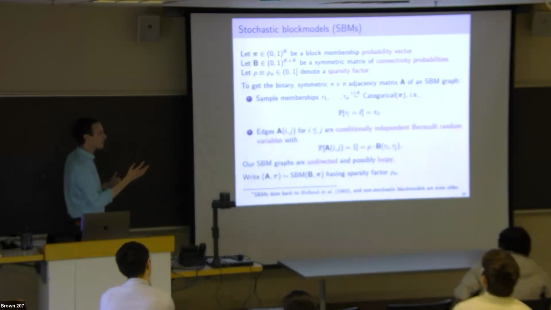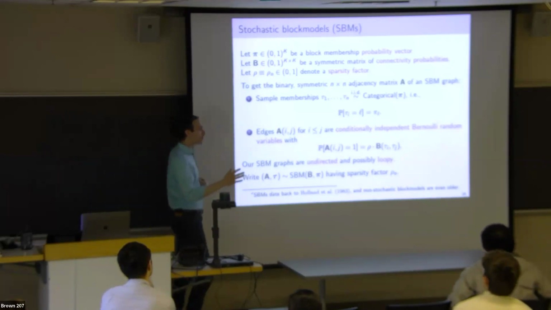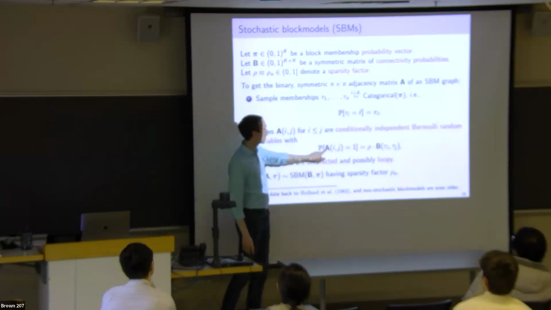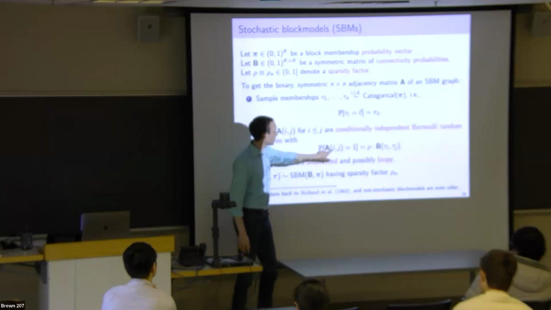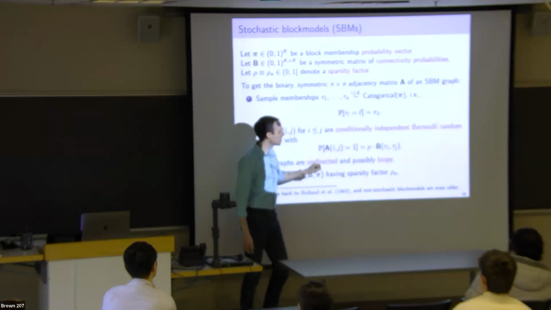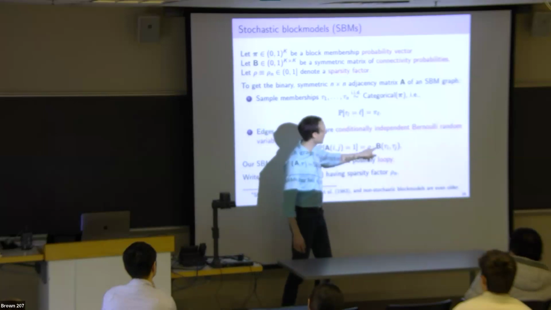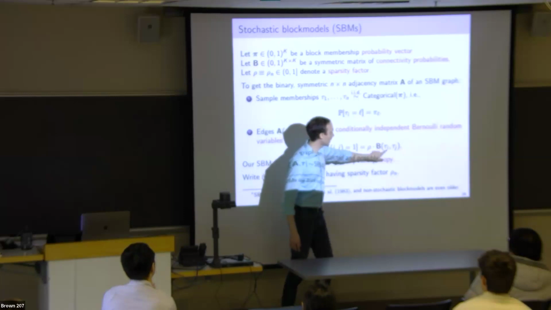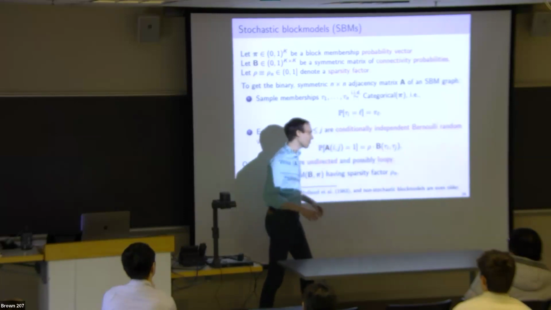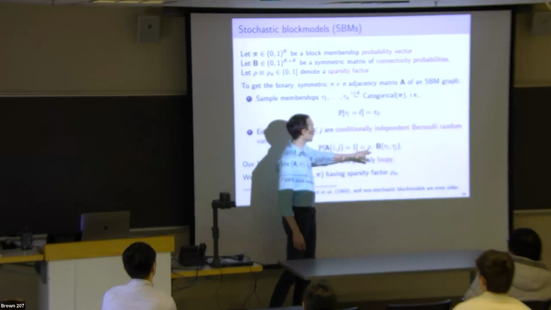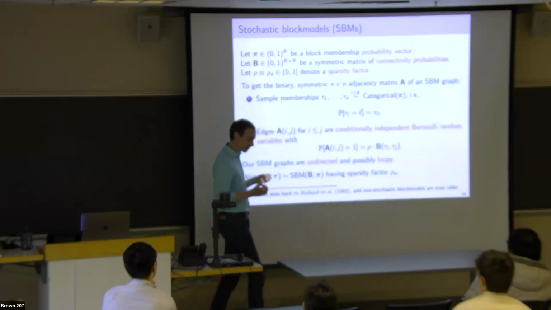That gives us our memberships. And now, conditioned on the memberships, we're going to generate random adjacency matrices where the probability that nodes i and j have an edge is given by looking at the corresponding entry in B for the community of node i and the community of node j, and including rho as what's called a sparsity factor.